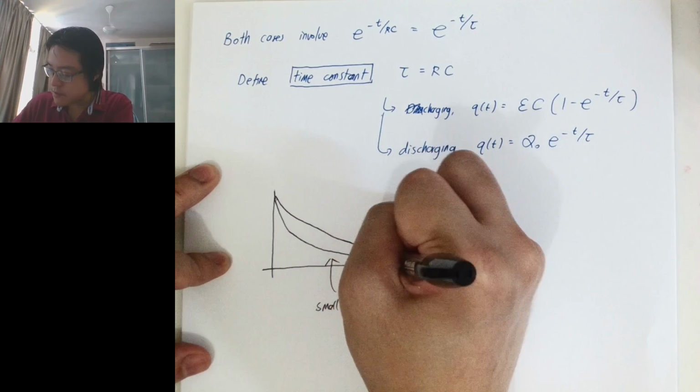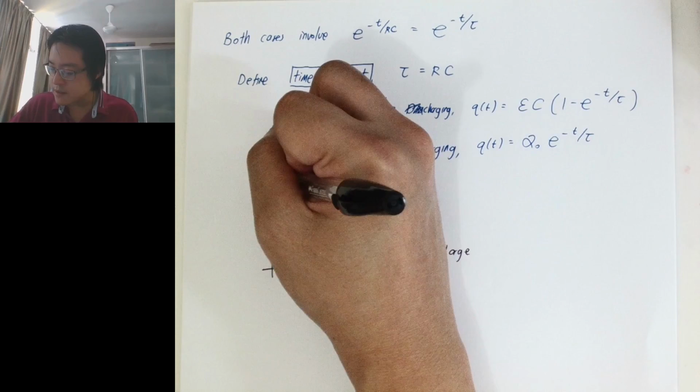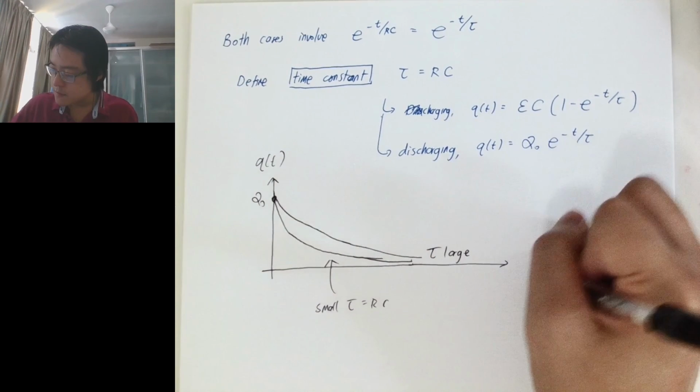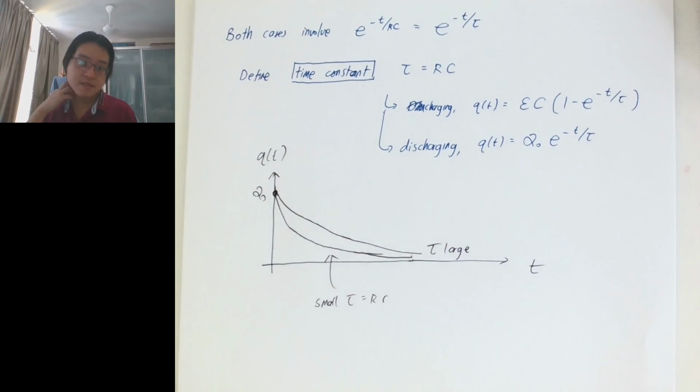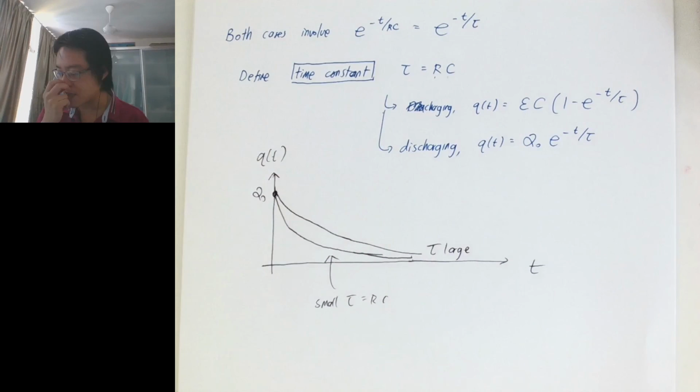So it tells you how quickly the capacitor decays. That is just the time constant. It's just a constant to tell you what RC is, to see how the circuit decays. So that is about it.